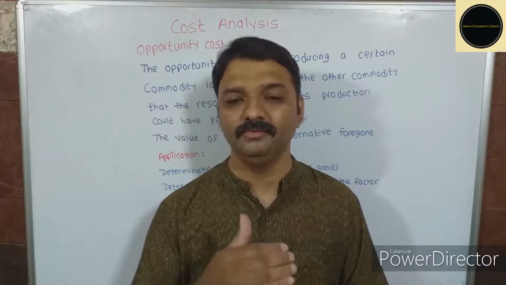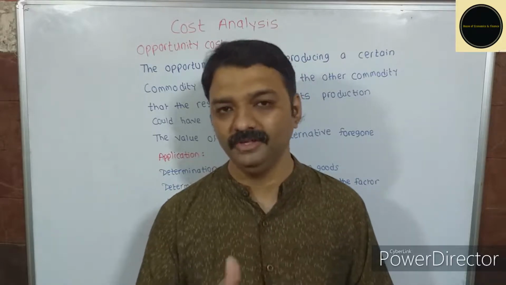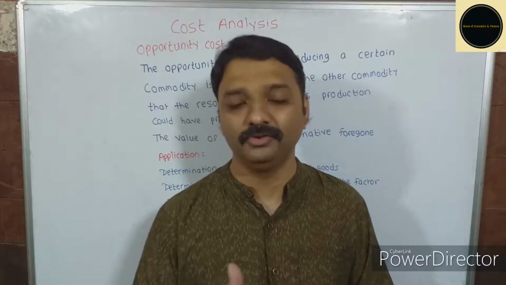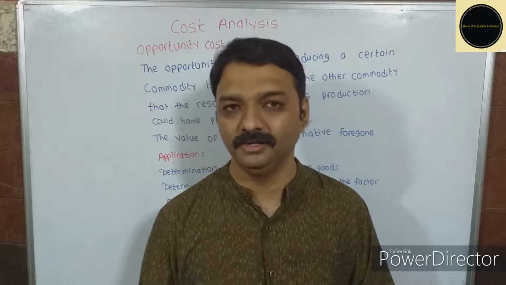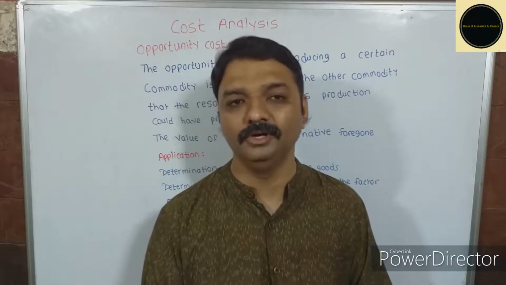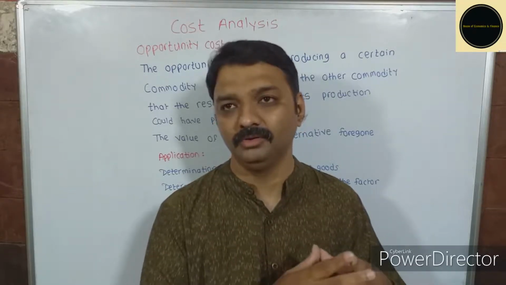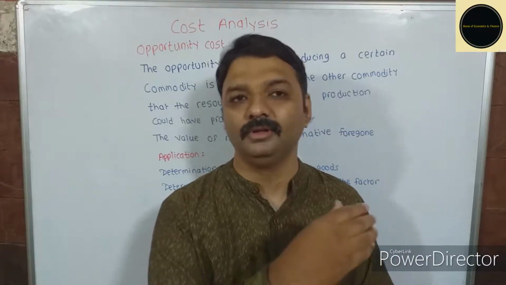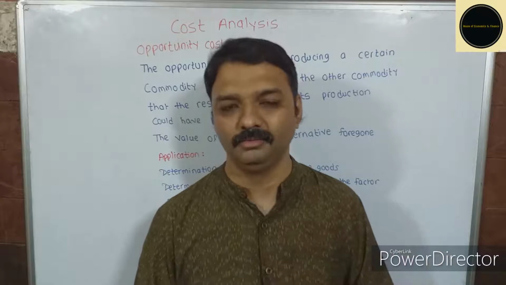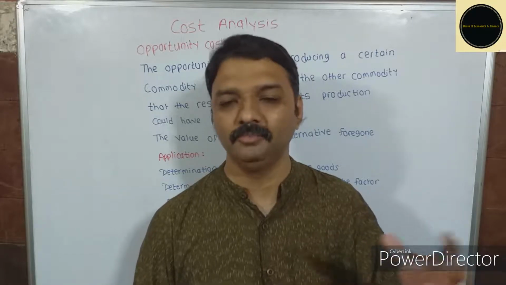You can see here the opportunity cost. It is the value of the next best alternative foregone, or in other words, the minimum amount required to keep a particular resource in use in that particular function.